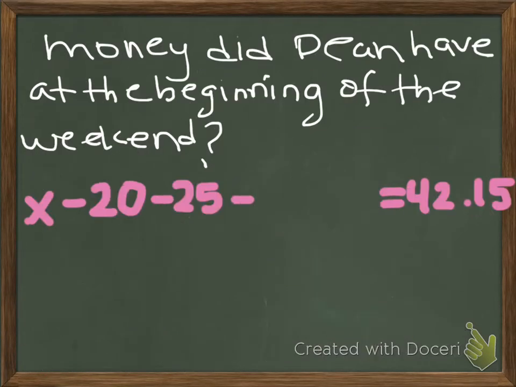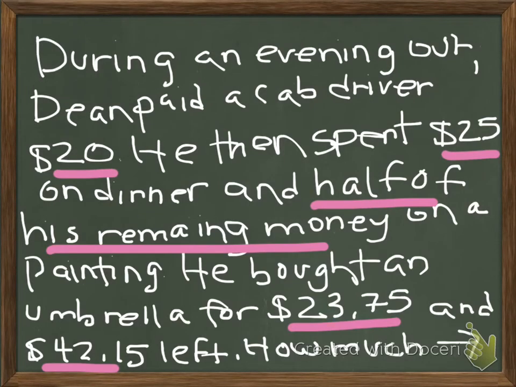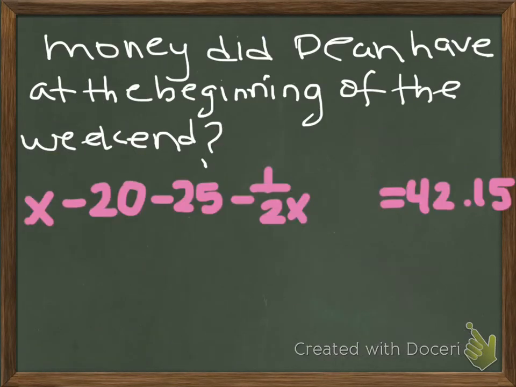So minus 1/2 times X. Then he bought an umbrella for $23.75. So again, subtracting. And he had $42.15 left.